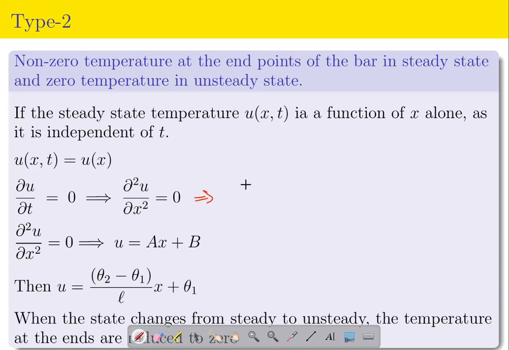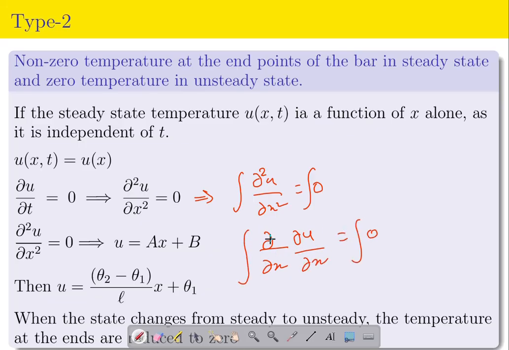How does it come? Take integration on both sides. The integral of ∂²u/∂x² equals the integral of 0. This is ∂/∂x of ∂u/∂x equals the integral of 0.